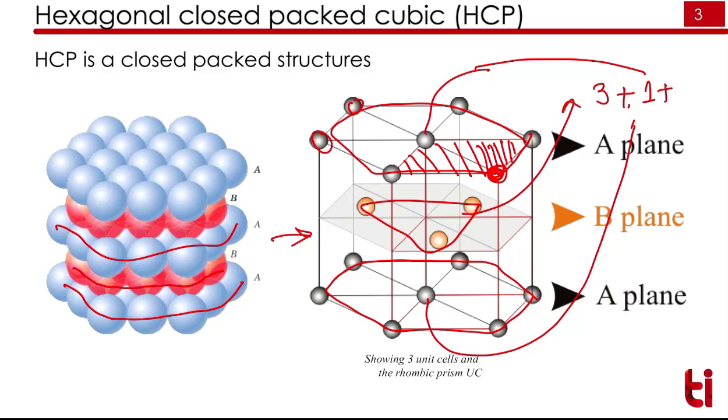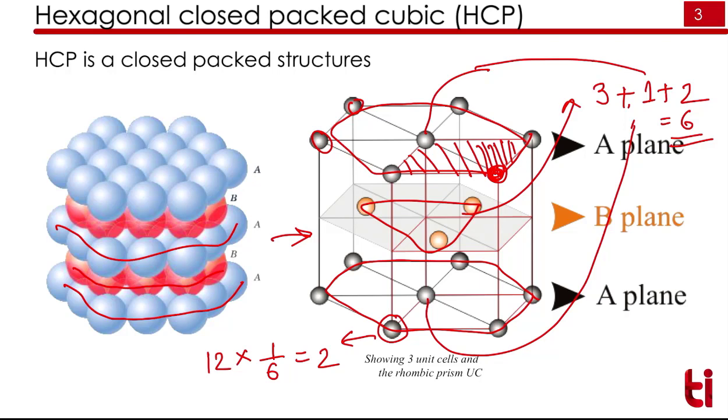Out of these, each will share 1/6 part into 1 unit cell. So there are total number of atoms 12, 12 into 1/6 equal to 2. So 3 plus 1 plus 2, that is 6. So there are 6 atoms in 1 unit cell of hexagonal.